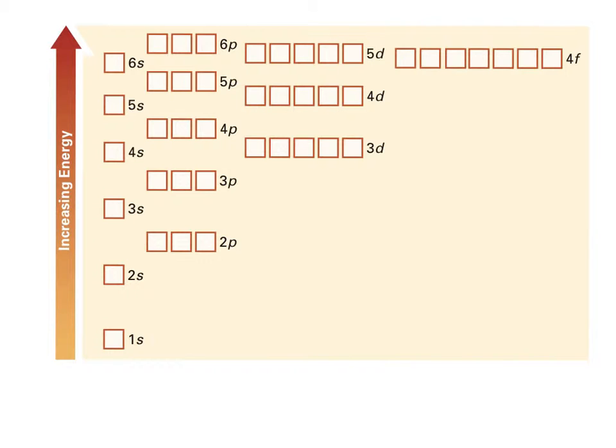Let's do one that's a little bit harder. Let's go down and do chromium, which I think is number 24 if I read my chart right. Chromium has 24 electrons, and this is one of those exception ones.